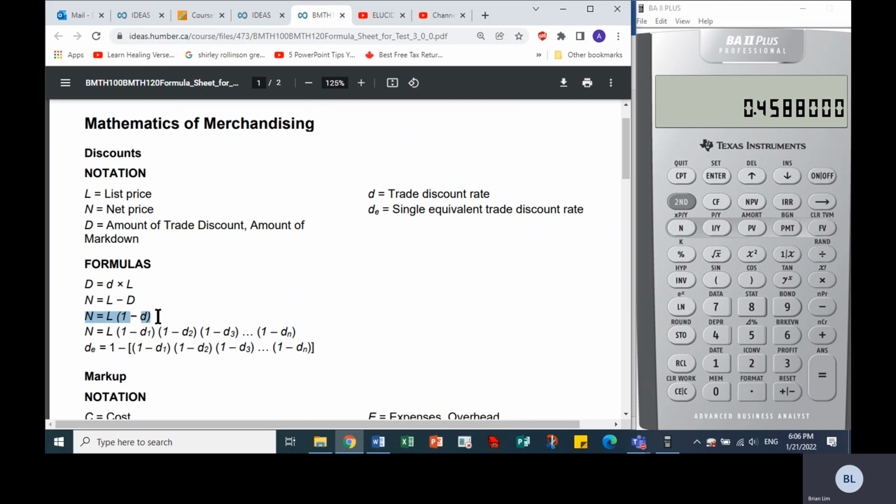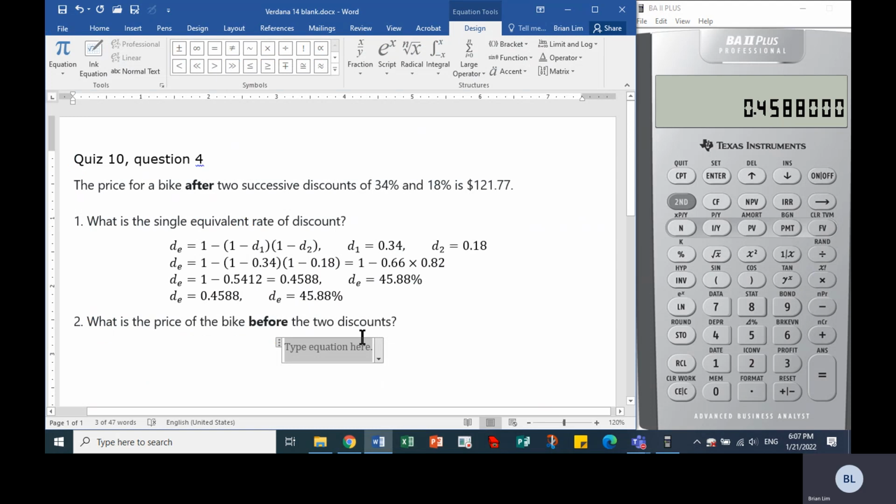This one will work, except the D in this case will be the single equivalent rate of discount. So N is equal to L times 1 minus D. So let's use that. N is equal to L times 1 minus D sub E, to make it proper.